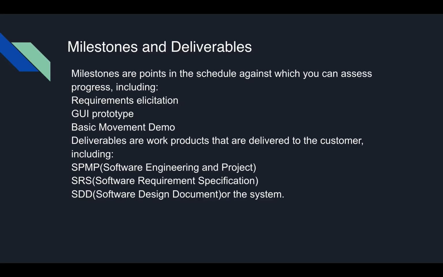Milestones are points in the schedule against which we can assess progress, including requirements elicitation, GUI prototype, basic movement demo, and so on. The deliverables are work products that are delivered to the customer, including SPMP, the software engineering and project plan; SRS, the software requirement specification; and SDD, the software design document for the system.